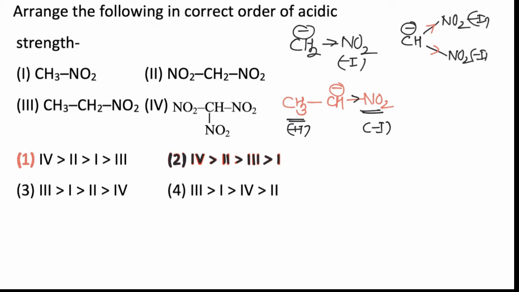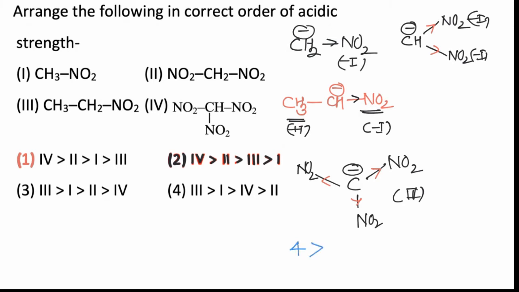In case of the fourth, this anion is stabilized by the minus I effect of 3 NO2 groups. So the fourth is most stable because it is stabilized by the minus I effect of 3 NO2 groups.